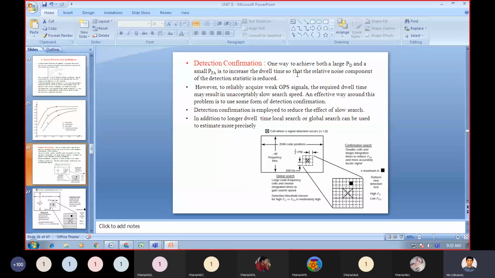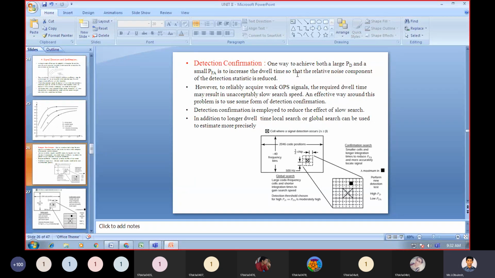The detection confirmation is employed to reduce the effect of slow search.